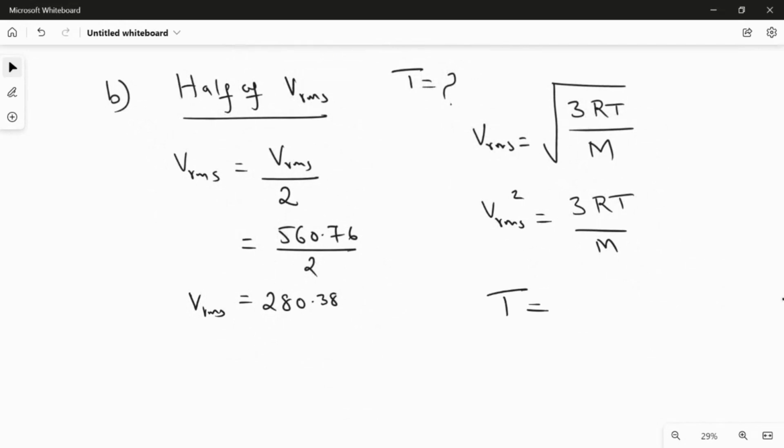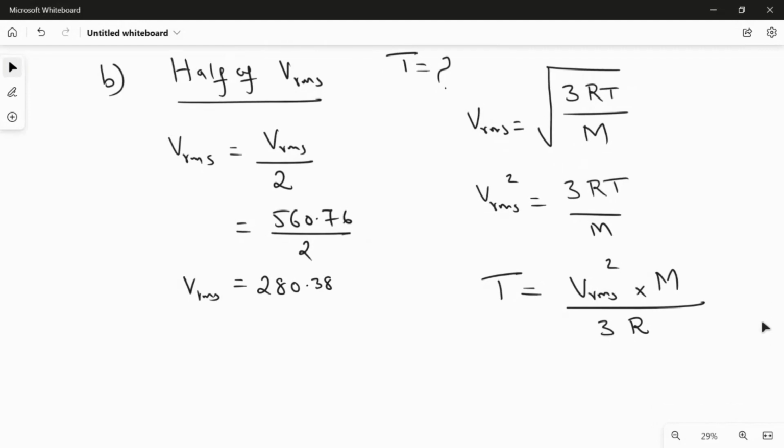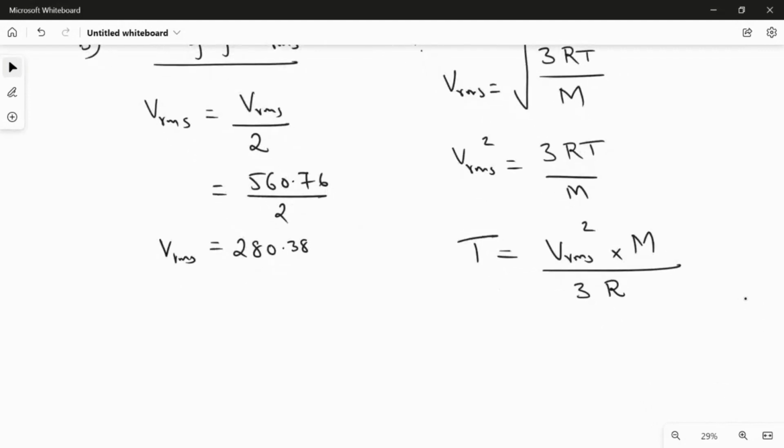Therefore, T is equal to VRMS squared multiplied by the molar mass of nitrogen over 3 multiplied by the gas constant. Now I am going to substitute the value, where VRMS is 280.38 meters per second.